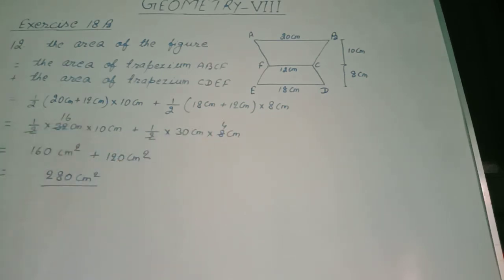This multiplication 16 into 10 equal to 160 cm square, plus 30 cm into 4 equal to 120 cm square. The sum of these two areas equal to 280 cm square. That is the answer, that is the area of the given figure.